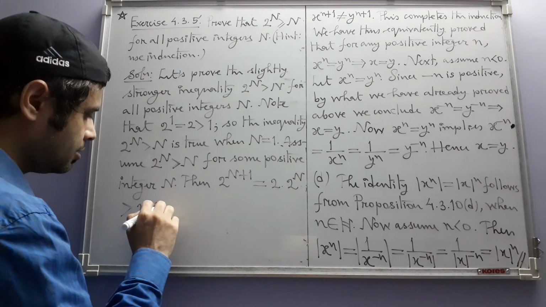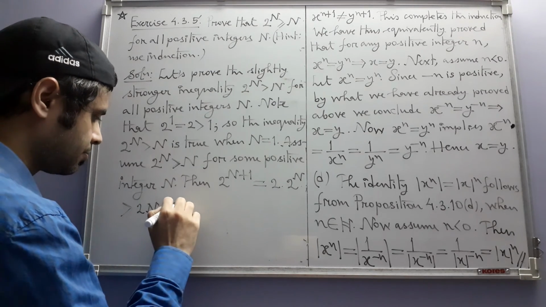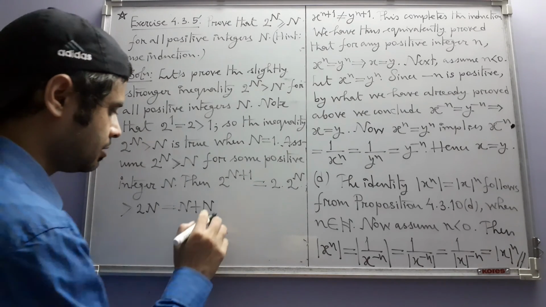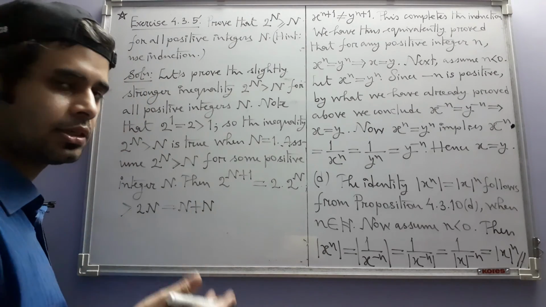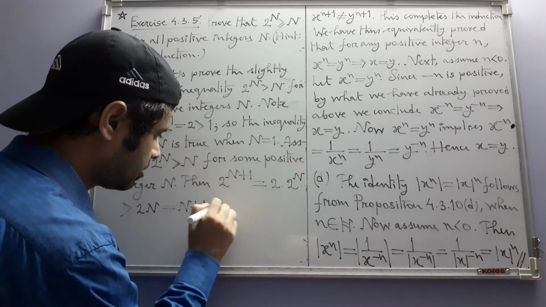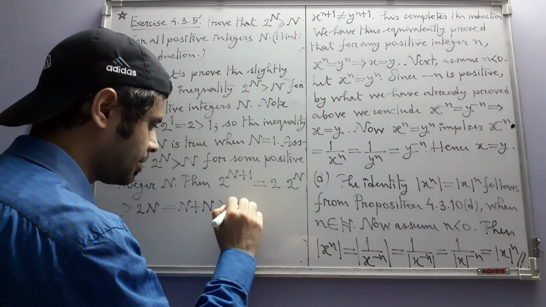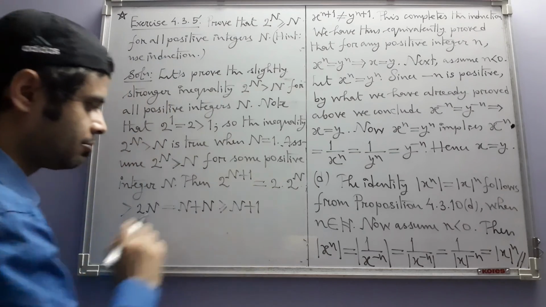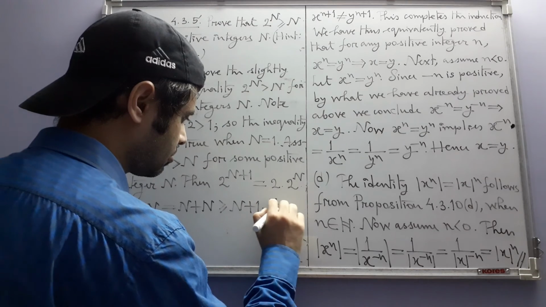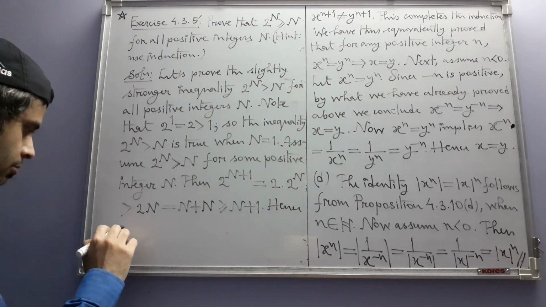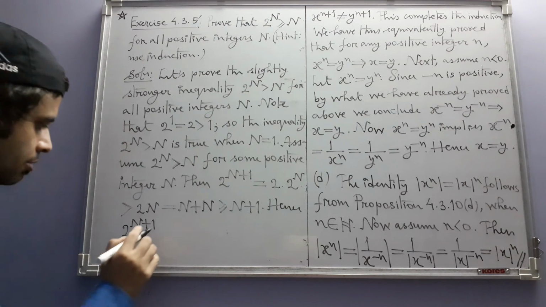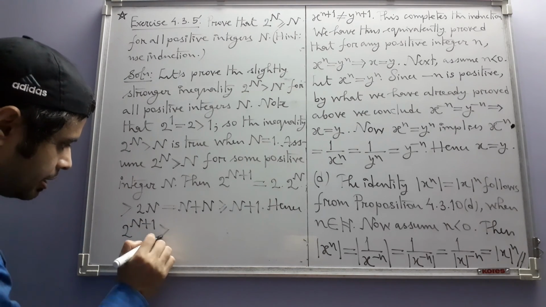Now 2n is equal to n plus n, and n being a positive integer is greater than or equal to 1, so this is greater than or equal to n plus 1. Addition preserves order, hence we have a strict inequality here, so that will be maintained.